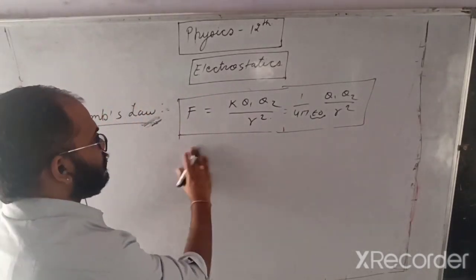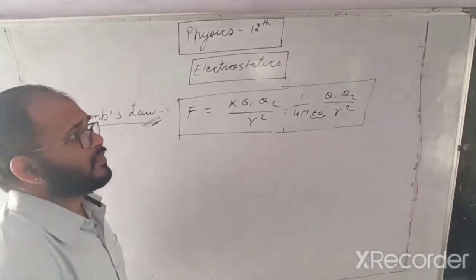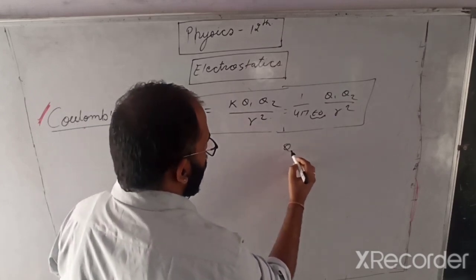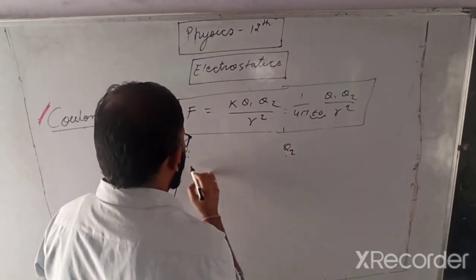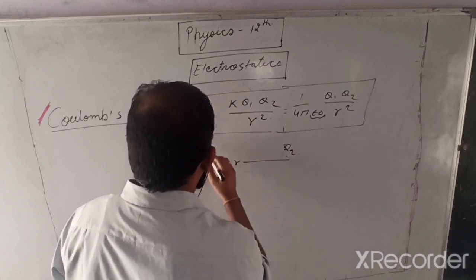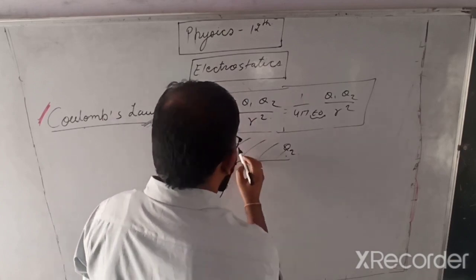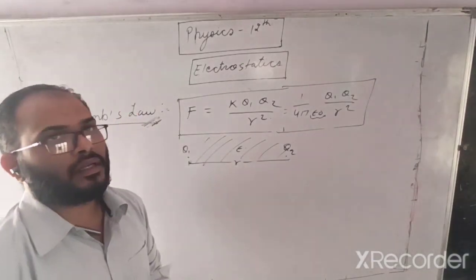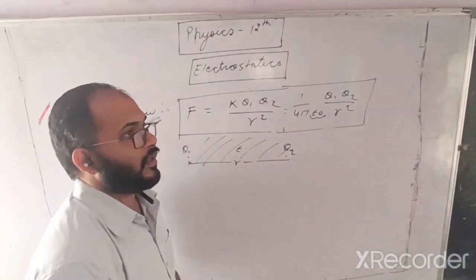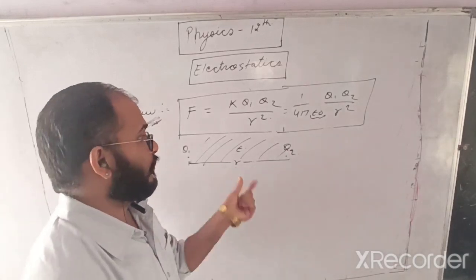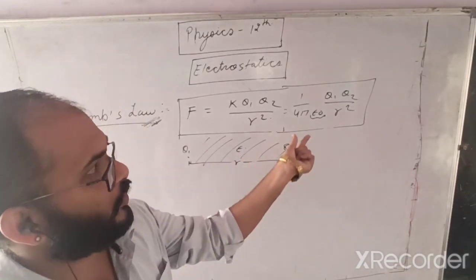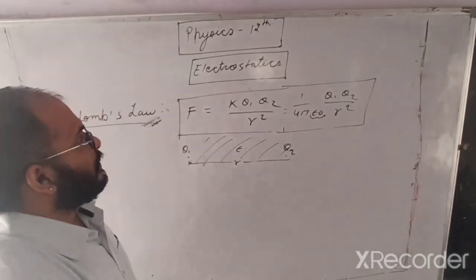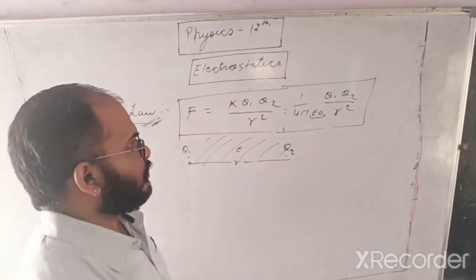Now, if a medium is present between the charges, Q1 and Q2 point charges with separation R, and a dielectric medium having permittivity epsilon is present between them. Epsilon naught is the permittivity of free space, epsilon is the permittivity of the medium.